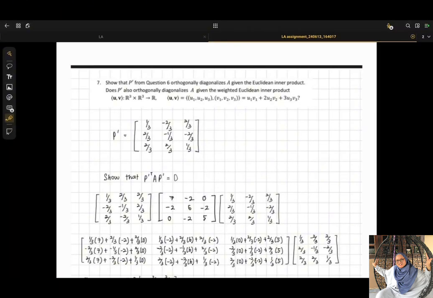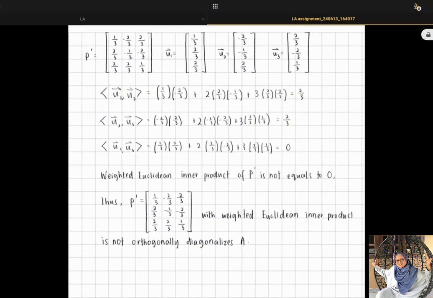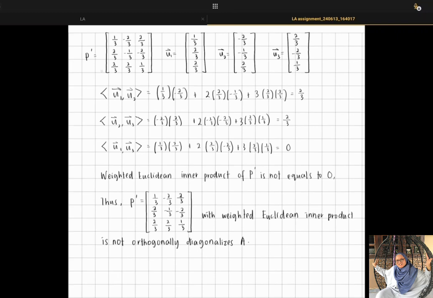Second part is, does P prime also orthogonally diagonalize A given the weighted Euclidean inner product? So this is the weighted Euclidean inner product. So first step is we need to divide P prime into three parts by column, which is U1, U2, and U3.